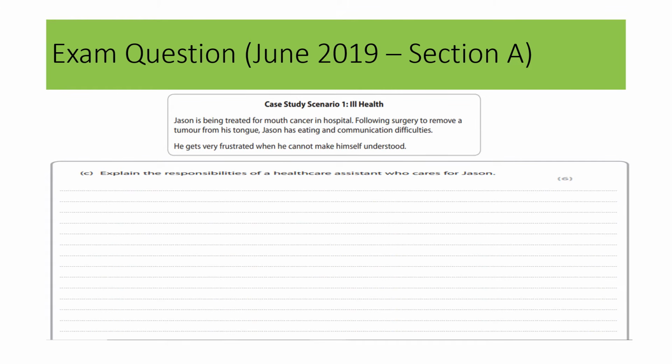Can you have a go at making a few notes, pausing the PowerPoint to do this, explaining the responsibilities of a healthcare assistant who cares for Jason? Once you have made some notes, you can move on to the next slide. But don't cheat, don't move on straight away. Do actually make some notes before you move on.